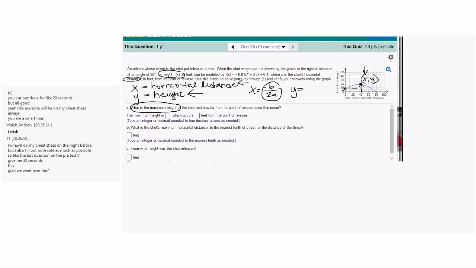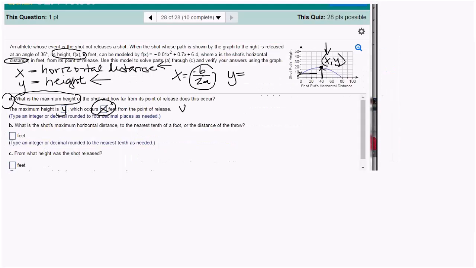So that's how you find your maximum height, and at what point of release it occurs. This is going to be my y value, and this is going to be the x value of my vertex, which I find by using this formula to find x, and then I'm going to input it back into the equation to solve for y.